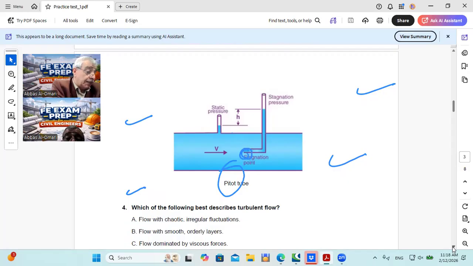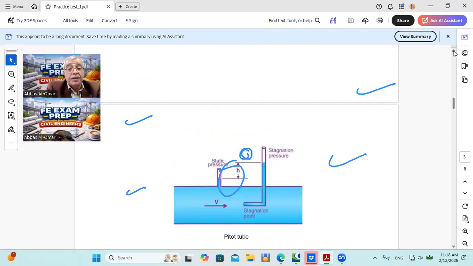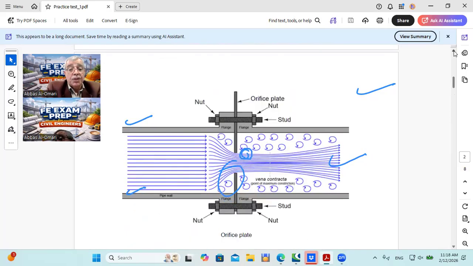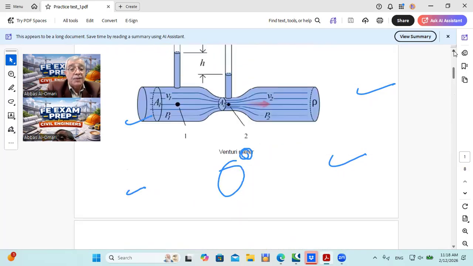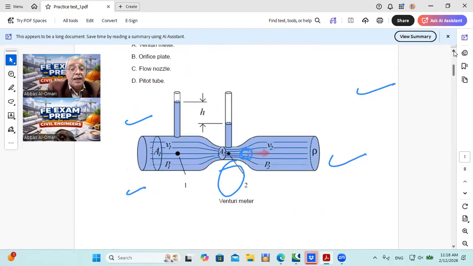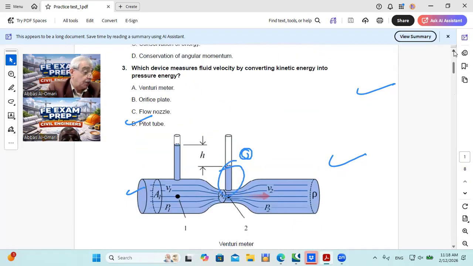So by knowing delta H, the difference in pressure, we can determine the velocity or the flow. So the answer is D.